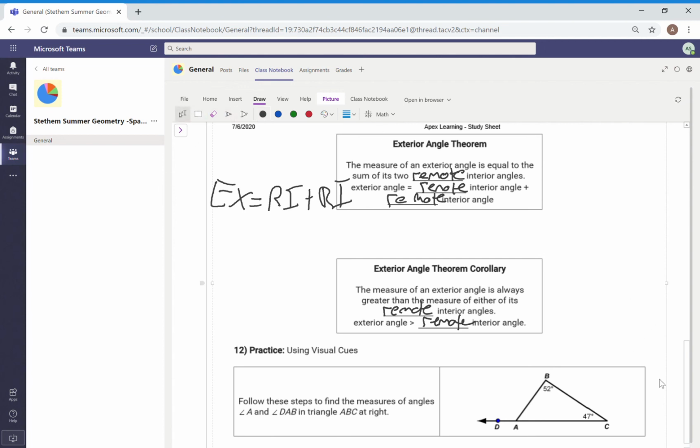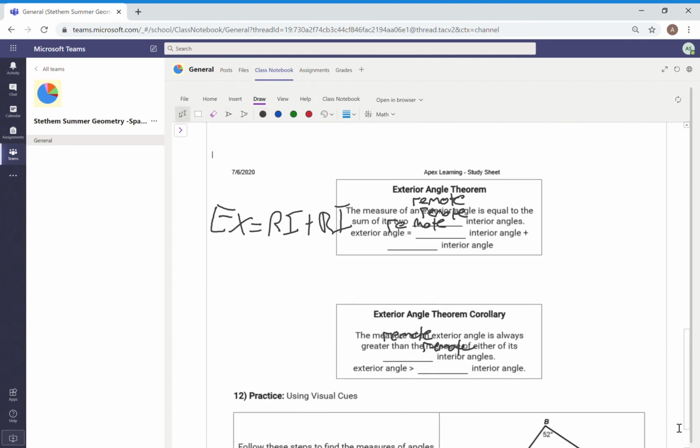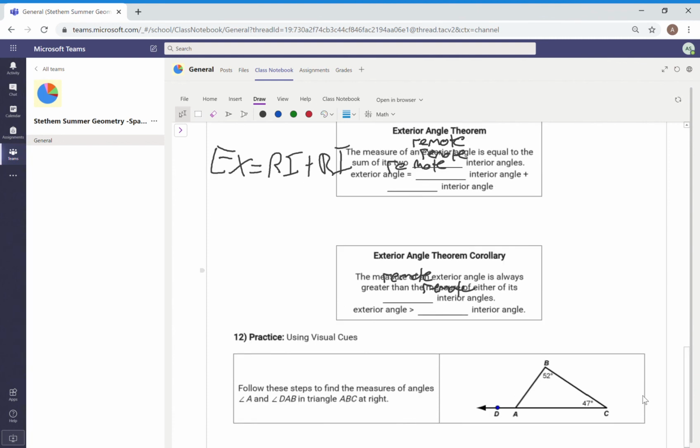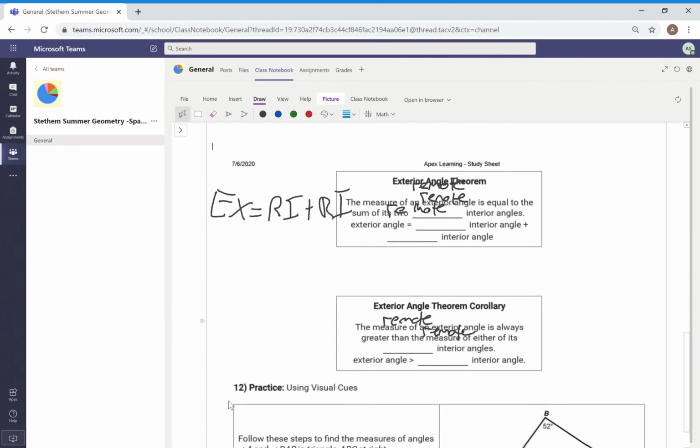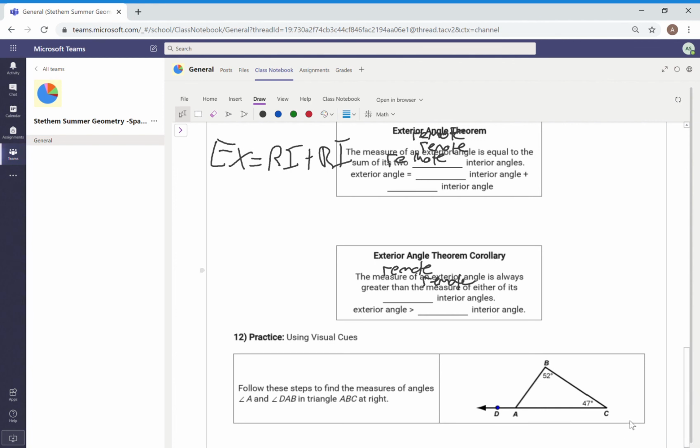So what does all this mean? A lot of nonsense. It makes more sense with some numbers involved. Okay. So we have our example down here. This is a remote interior angle because we see this exterior over here. It says follow these steps to find the measure of angles A and DAB. So I want to find this and I want to find this in here.